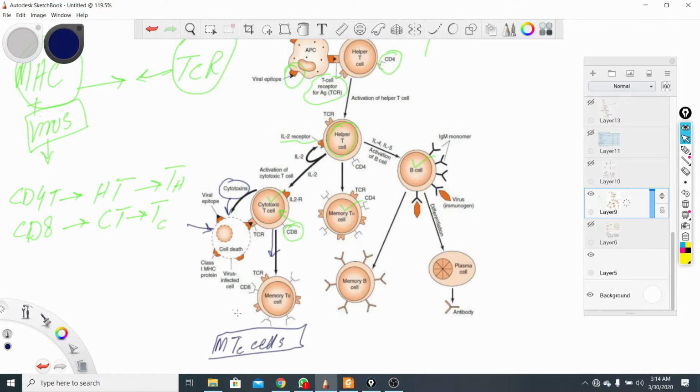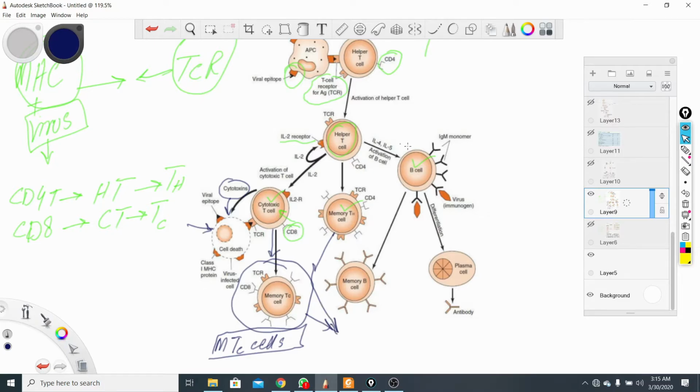When the virus attacks the system again, these memory T cells respond earlier, because the first response is a little slower, whereas the second response, when memory TC cells are present, takes less time. Similarly, you can see the memory TH cells, which are also produced during this immune response.